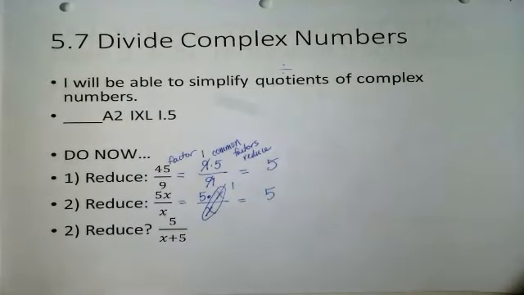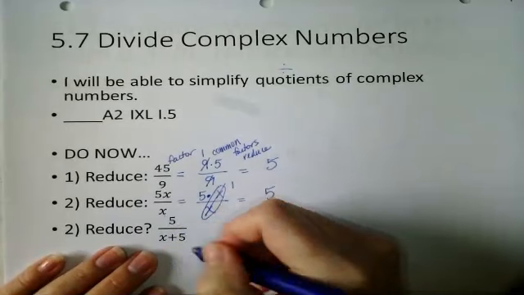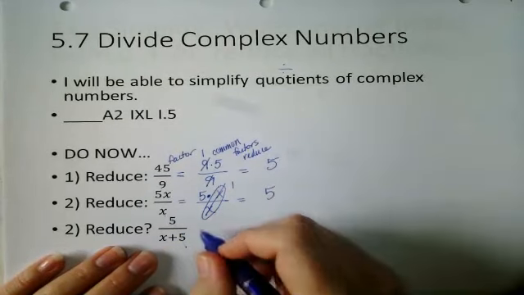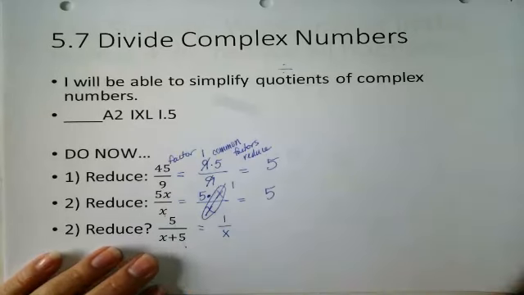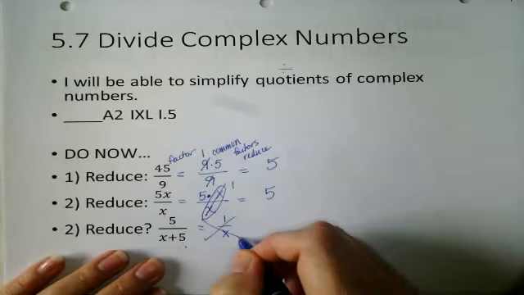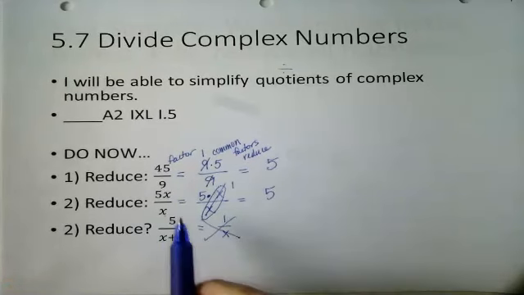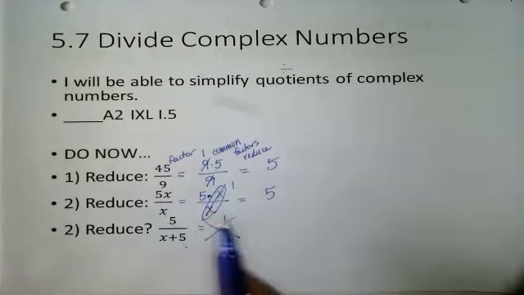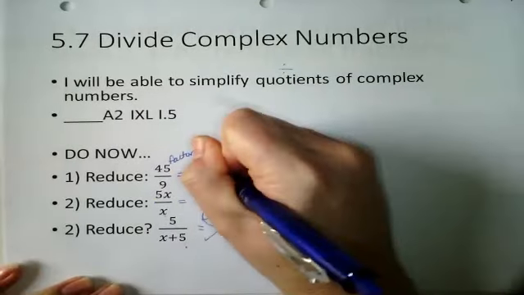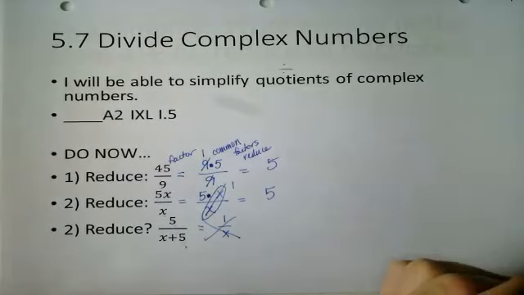So then the question is, does this reduce? Can I just cross out the 5s and say that it's 1 over x? Does that work? And no, it does not. What's the difference here? You'll notice that these factors are products, and that's the big key here. When things are written as a product, then we can reduce things.